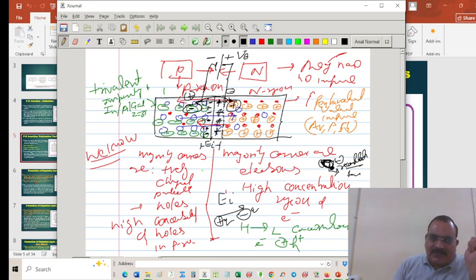This barrier potential is the potential that is set up according to the electric field along the junction sides. Okay, so this is the first case.